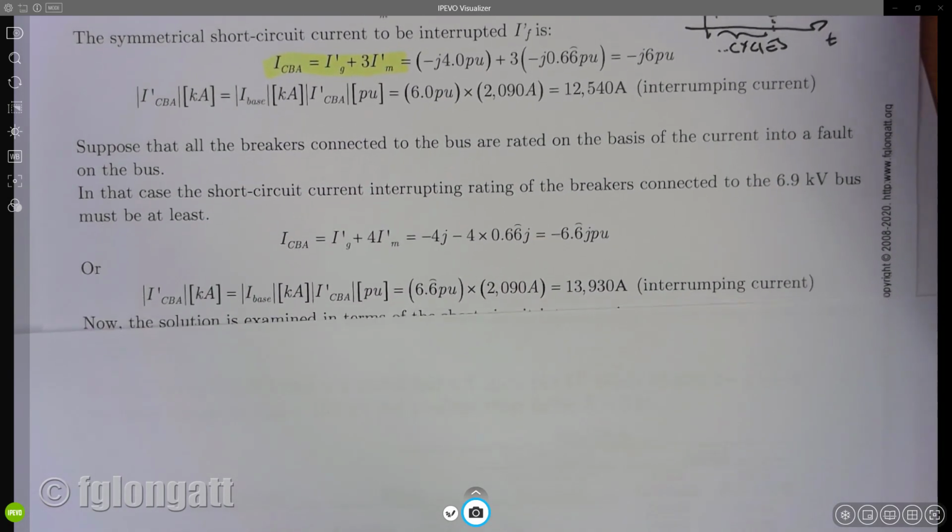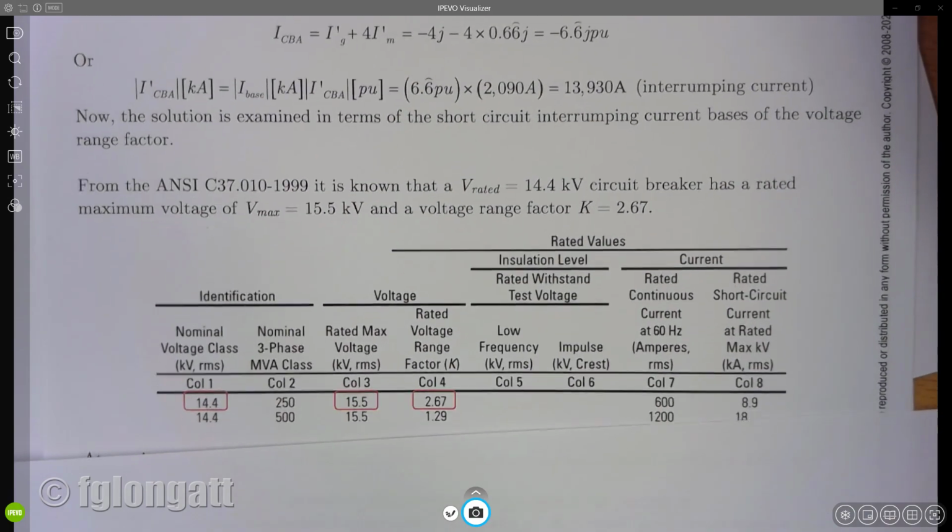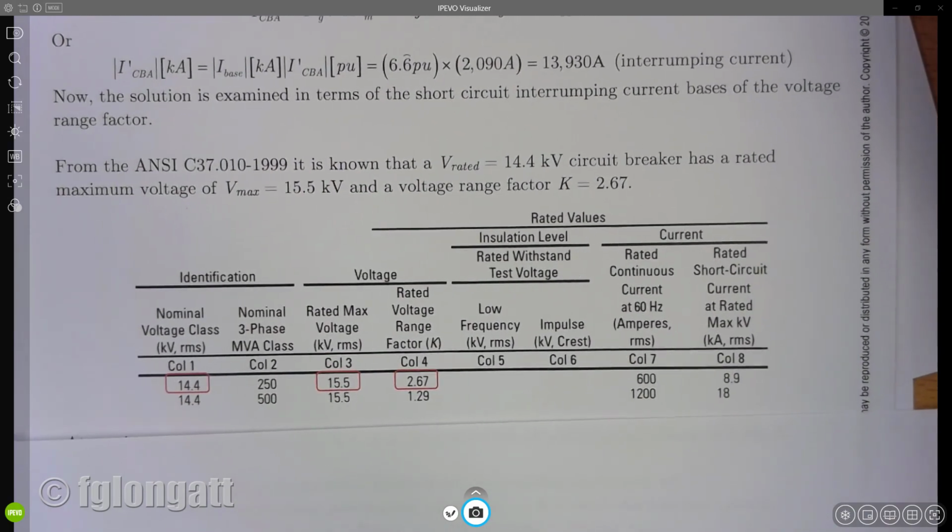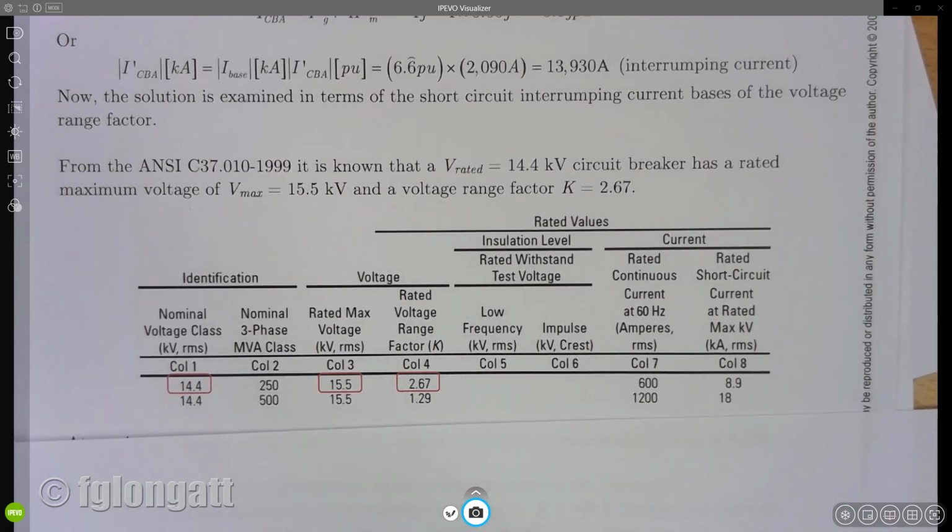Okay, the next step is probably one of the best moments, because we want to specify a circuit breaker for this system. Okay, in this case I need to use the standard, because I need to follow the rules, and also I need to be serious about this calculation.